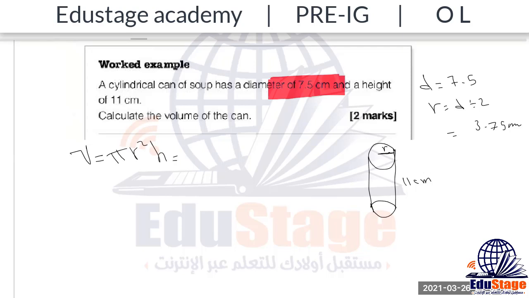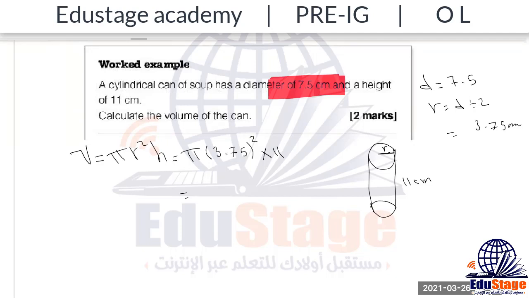So it will be pi, what is the radius, Salma? The radius is 3.75. Yes, times height. What is the height? 11. Yes, 11. Then use your calculator.